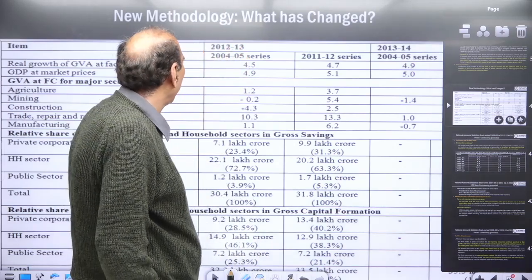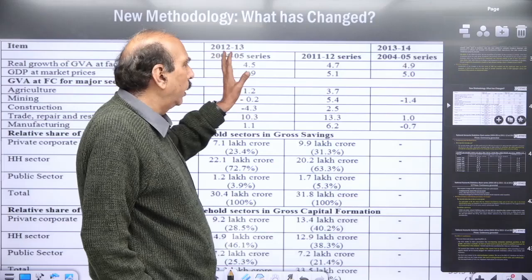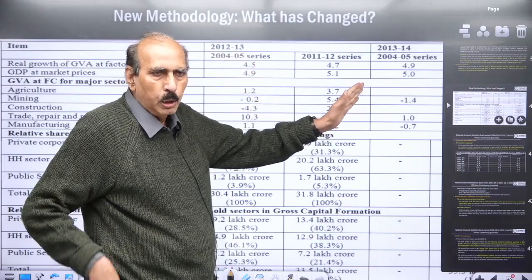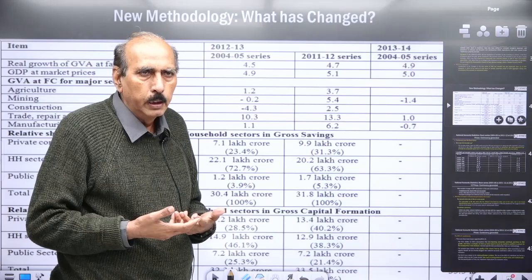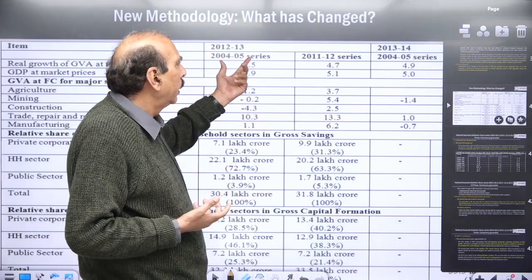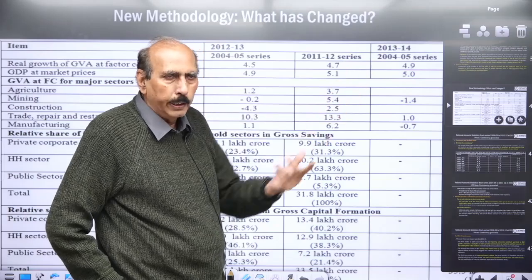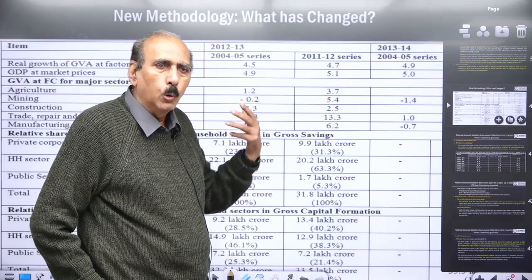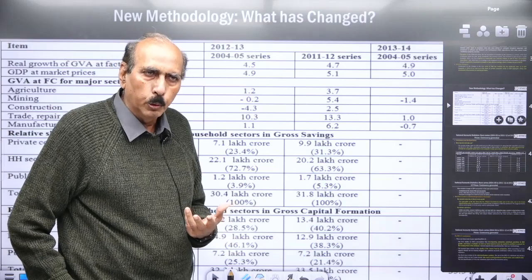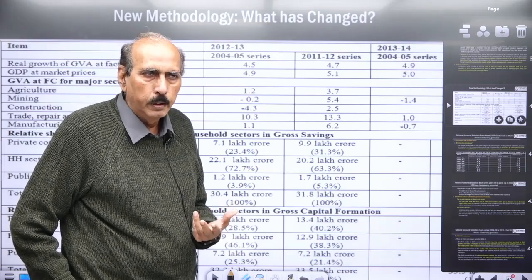you see if you apply 2012-13, 13-14, in 2015 we revised the methodology. We published the 12-13 and 13-14 rates, both with the old methodology as well as with the new methodology. We published both to see the comparison.